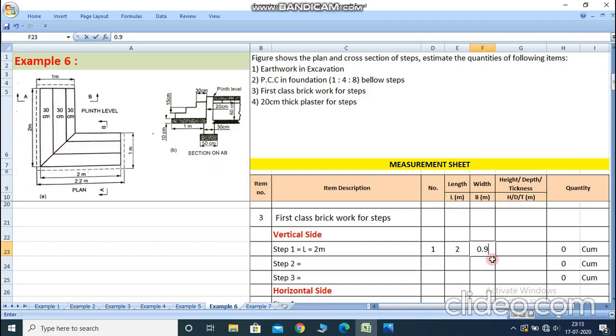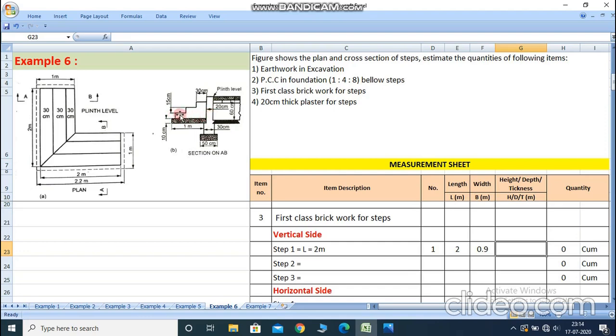Clear? So here 0.9 meter is the width, and height is given as 15 centimeter in the section part. See this cursor point? So height is given 15 centimeter. So here width is 0.9 meter as we calculated from the plan part, from this line to the corner point.